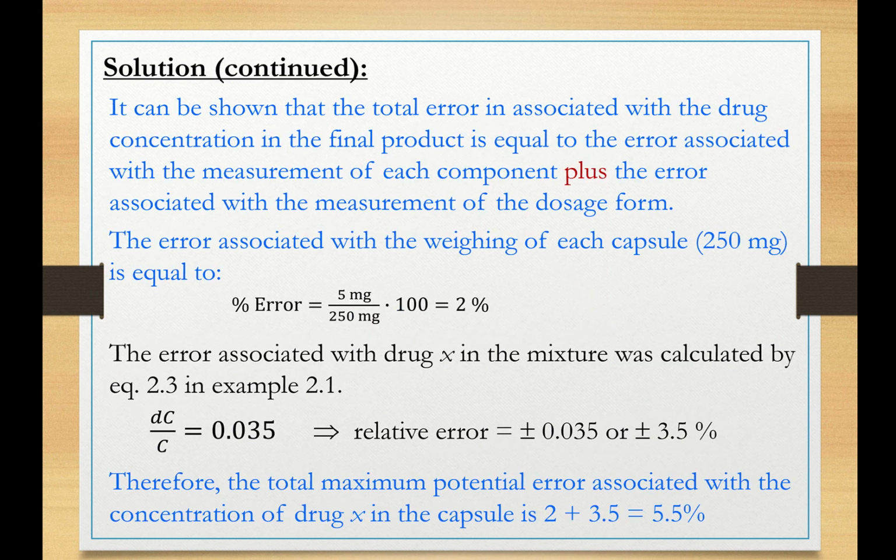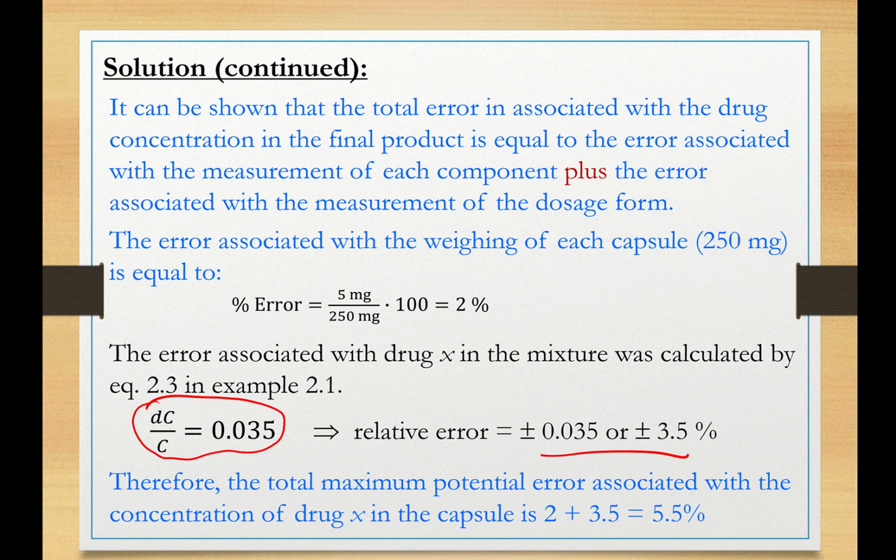Now we have identified in example 2.1 the relative error in measuring drug concentration in the mixture. The difference here is that we are now preparing capsules, and every time at the end you're going to measure that capsule.